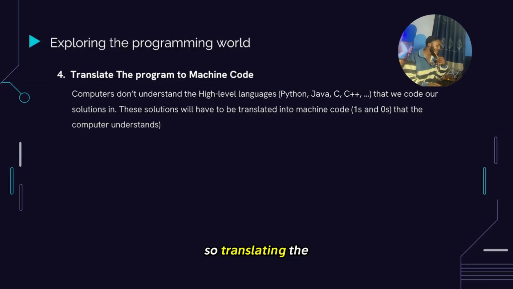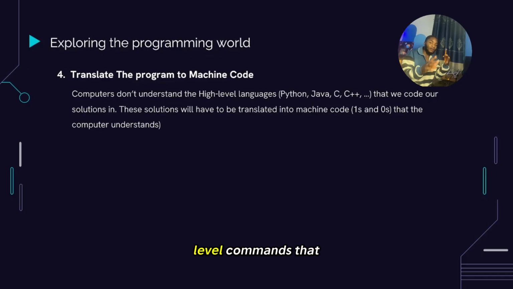So, translating the program to machine code. After you have coded the program, what you will need to do now is translate that program into machine code. The programming languages that we're going to be using are high level programming languages, and computers don't understand them. For example, we have statements like print in Python, or printf, or cout, or console.log.